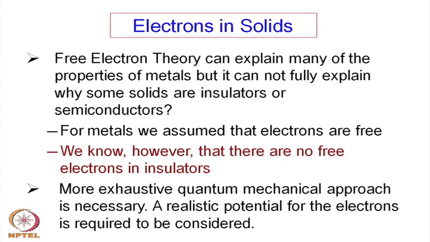In metals certainly they are quite free, but in many other solids possibly they are not that free. There is some kind of localization, some kind of attractiveness with the ion cores. So, as such the chemical bonding is different in metals, insulators as well as semiconductors.